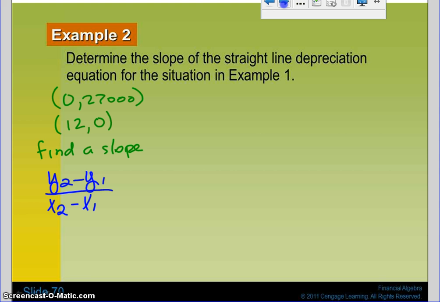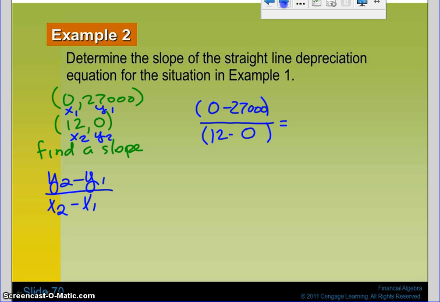So the first thing we're going to do is just go ahead and label our values. We have x1, y1, x2, y2. I'm always really big on labeling those because I think it makes your life a whole lot easier. It doesn't get as confusing when all you have to do is now identify, well, y2 is 0, y1 is 27,000, and x2 is 12, and x1 is 0.